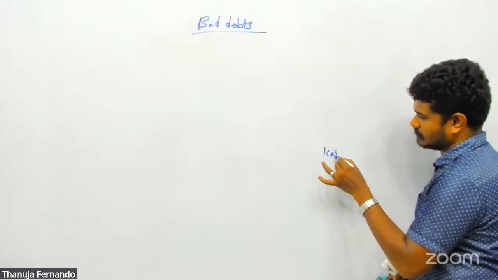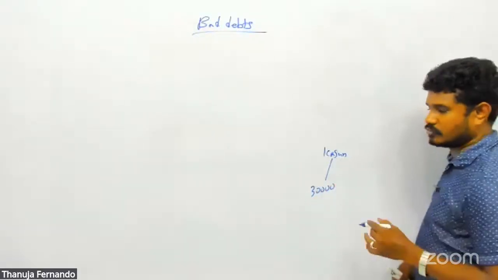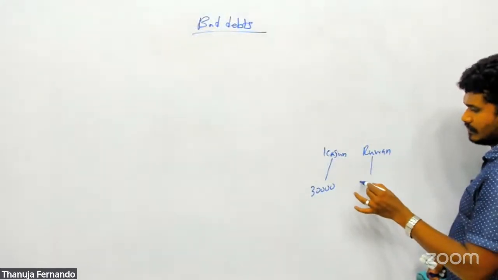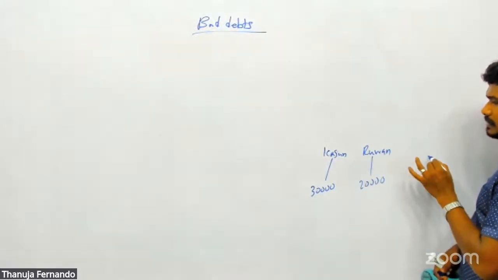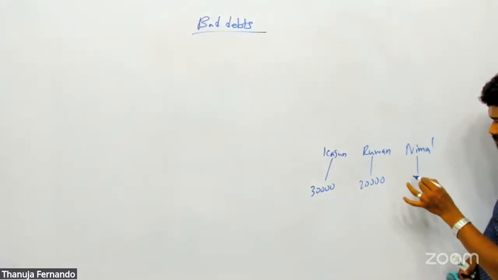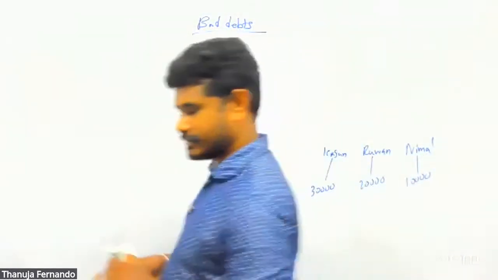One Kasun, he owes us 30,000. Another one Ruan, he owes us 20,000. Another one Nimal, 10,000. Right? There are 3 debtors here.